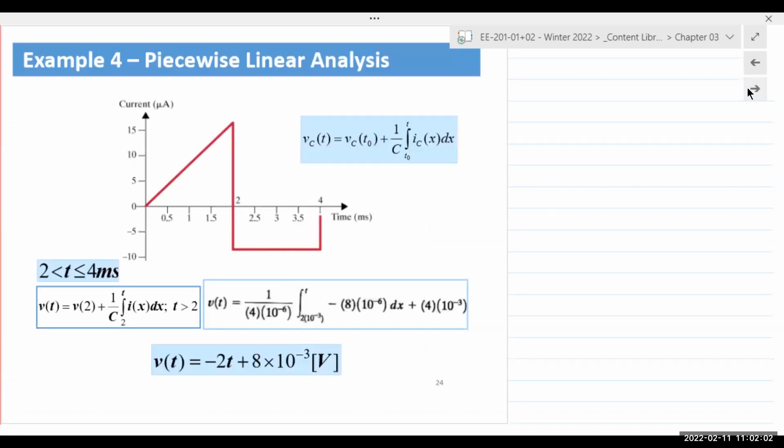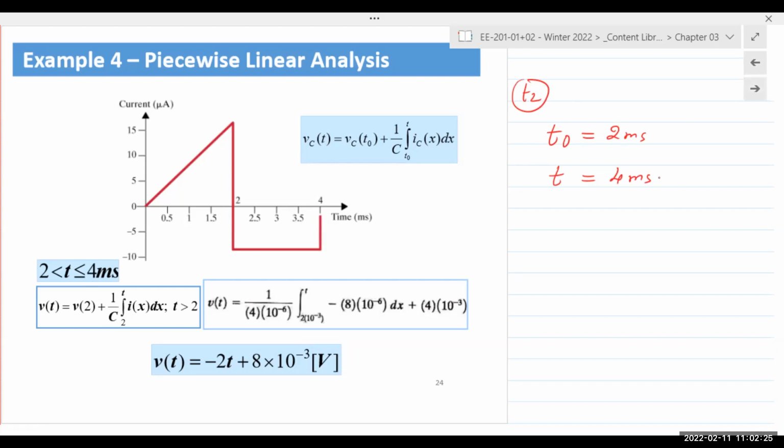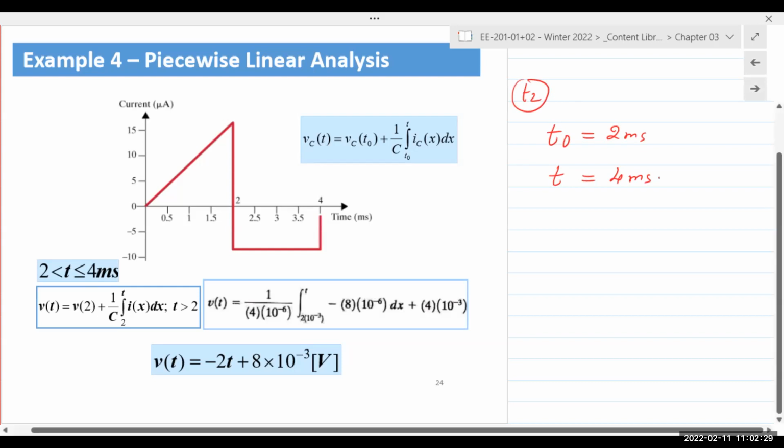But here's the important thing. When we get to the second time period, T2, my initial beginning point of analysis is 2 milliseconds, and the end point t is 4 milliseconds. It's a constant, so I don't have to actually write an expression. It's simply 8 microamps, constant.